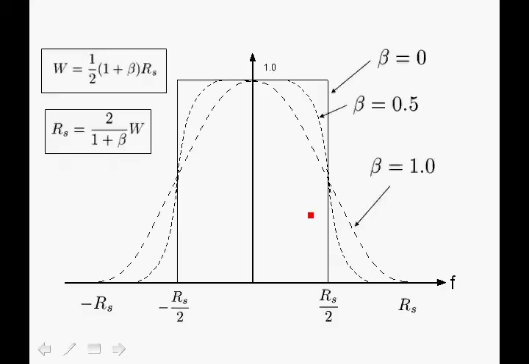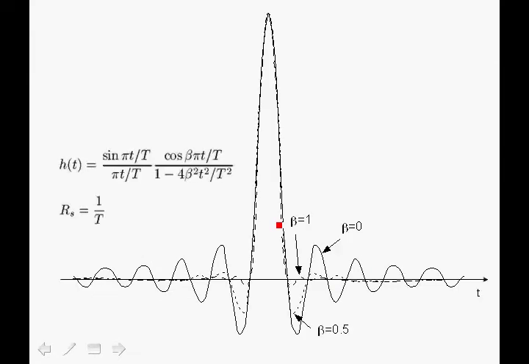And that fits well with the case where for beta equals 1, where we broaden in the frequency domain, the time domain becomes more and more limited. This is also very important in terms of intersymbol interference. The case with the most possibility for intersymbol interference when you have timing errors is the case where beta equals 0, where you have the sinc function. So there's a trade-off between intersymbol interference and throughput and usage of the bandwidth.